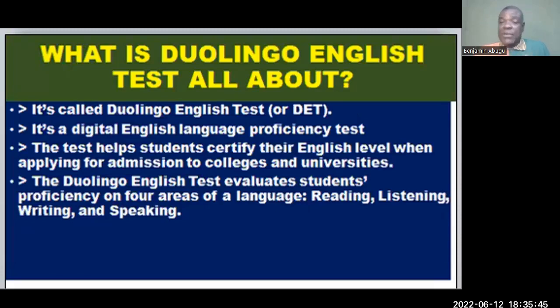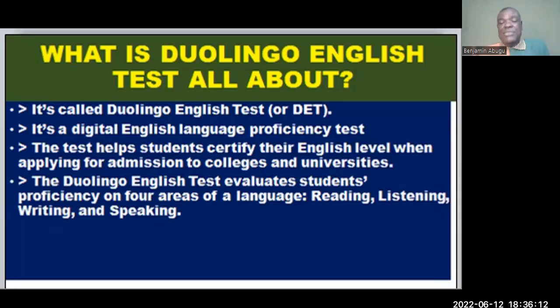But you need to understand that it differs slightly from IELTS, TOEFL, and other English proficiency tests because this is a digital English language proficiency test. It is computer-based and it uses an answer adaptive system. All right, I will explain this.